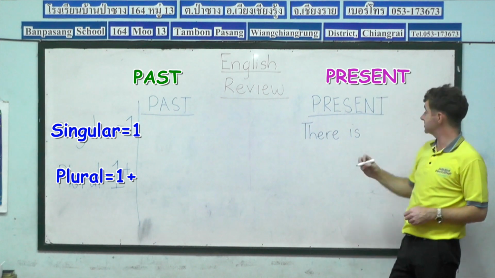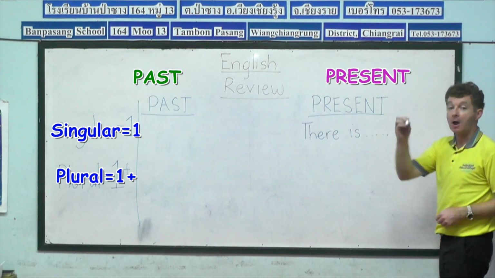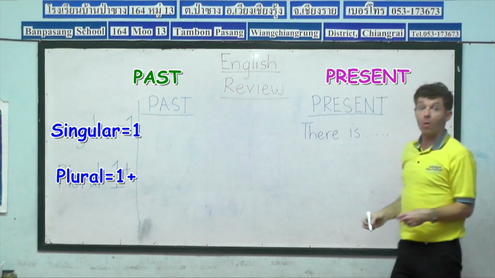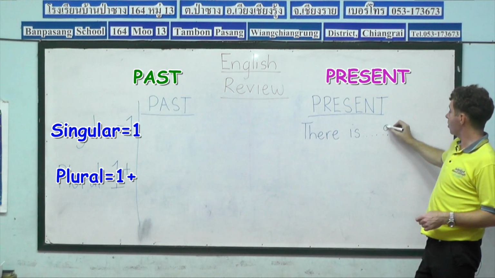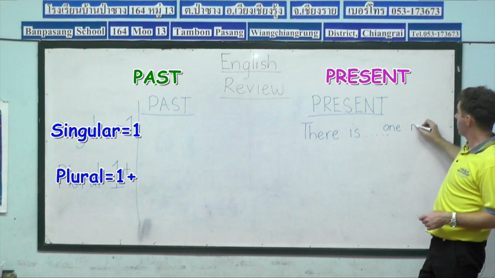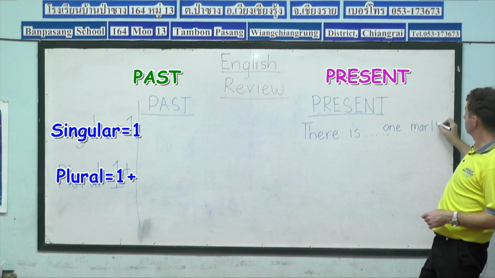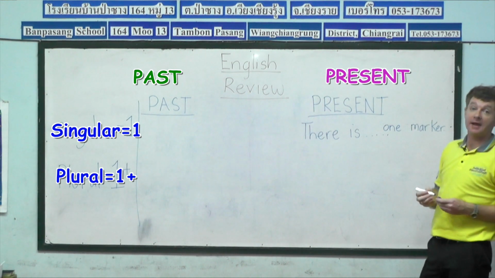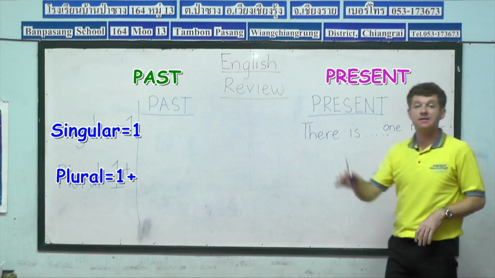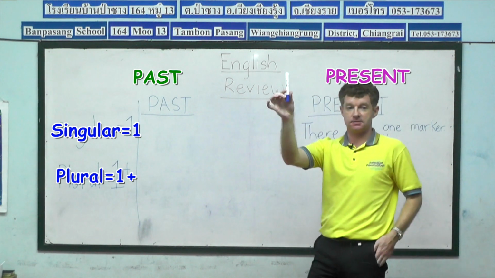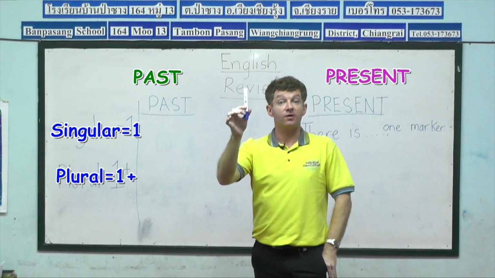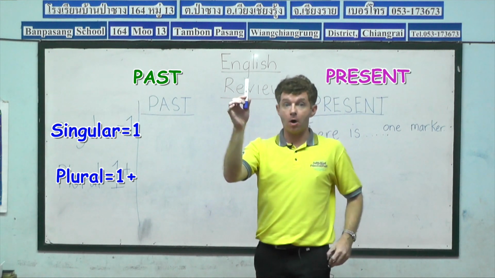And in this case, there is, how many? One marker. So, singular object, present tense, there is. For example, there is one marker.